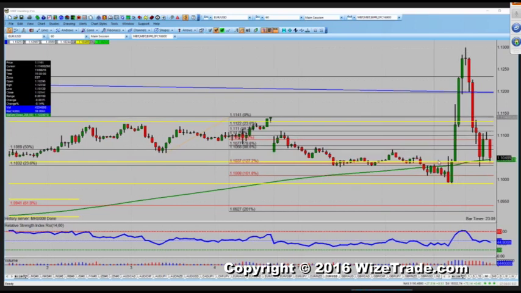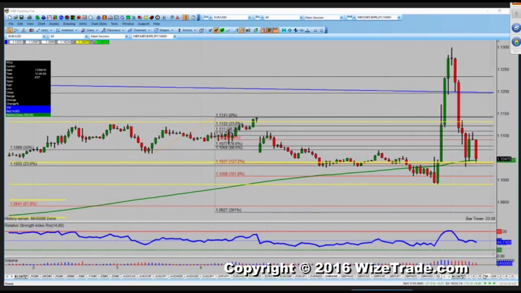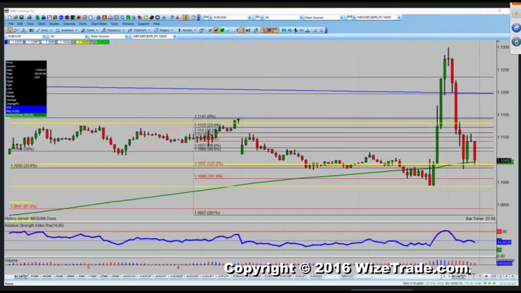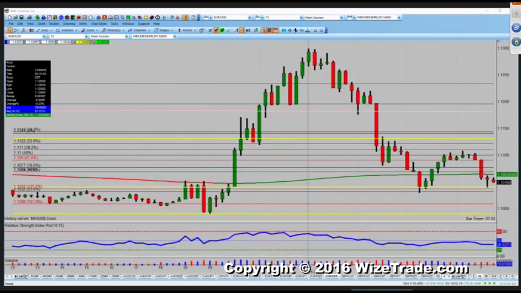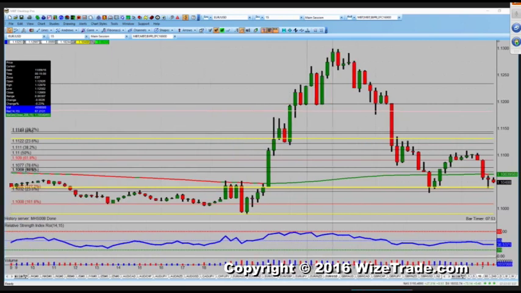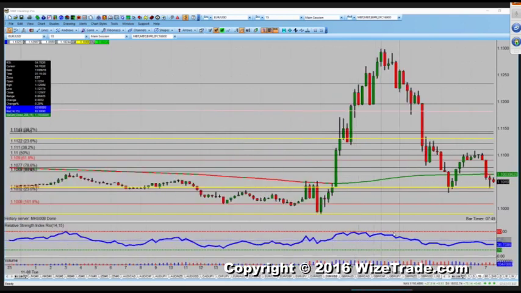Okay, so the question is today, where is it that the euro really starts a recovery? I mean, that's really what it boils down to, right? Where exactly would we start to see a euro recovery? And that's got to be right here.